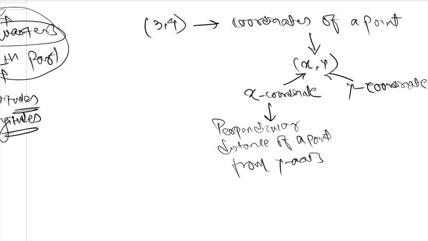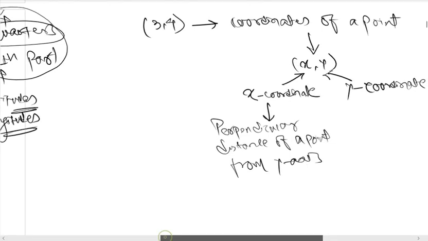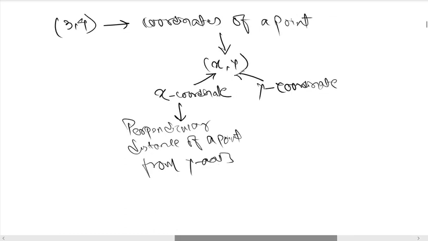How far a point is from y-axis is the x-coordinate. Now you will not understand what I am talking about until you see this on the graph paper. But you will see it on the graph paper. First understand the meaning, then we'll go to the graph paper. Don't worry about the graph paper. I'm going to bring one more graph paper here and show you.